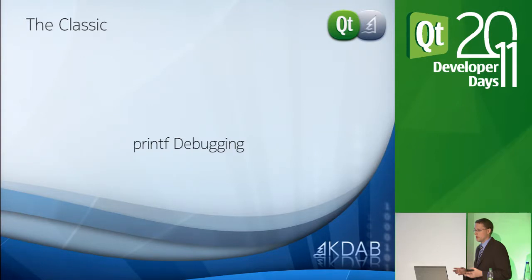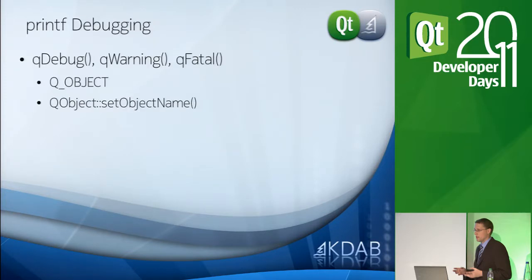The most easy, classic way to do debugging is, of course, printf debugging. You just write some debug output. Very easy, but what does Qt give us there to support us? You probably know qDebug, qWarning, qFatal, the debug output mechanisms in Qt.